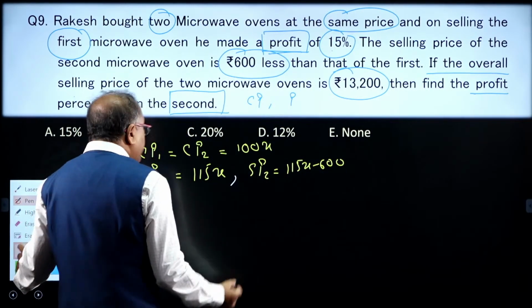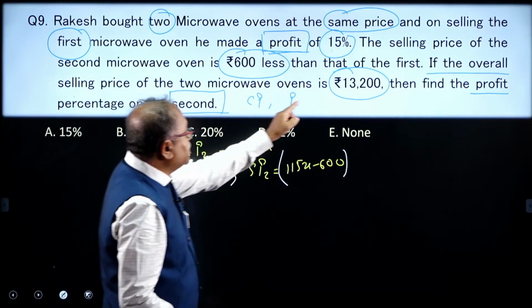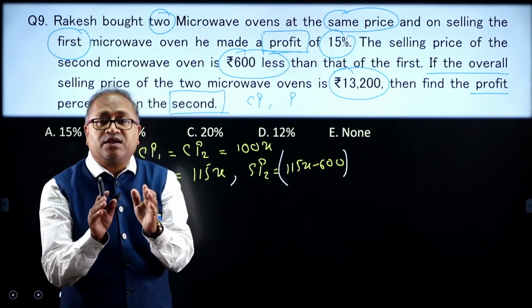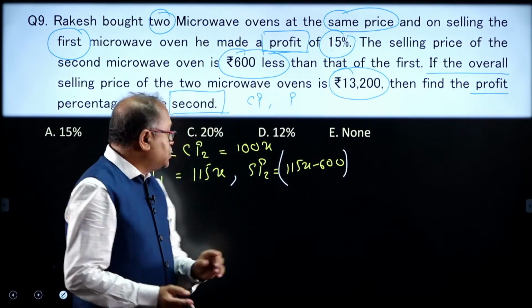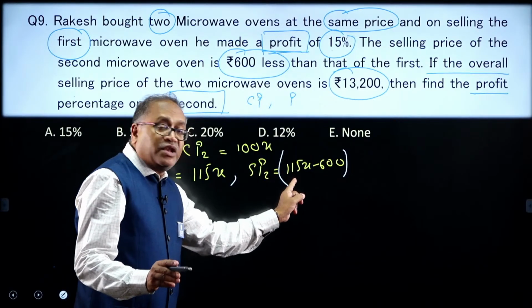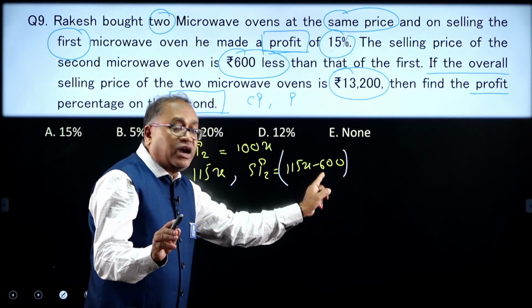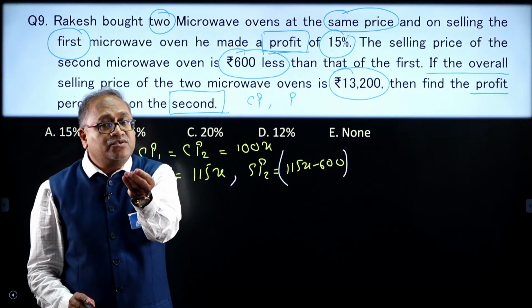Once we understand this part, we notice that this 13,200 is selling price 1 plus selling price 2. So, that is 115x plus 115x minus 600, given to us as 13,200.